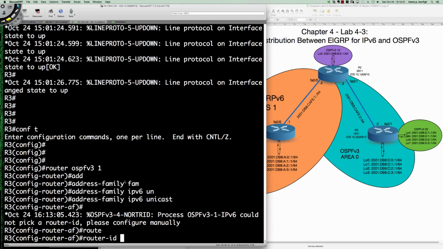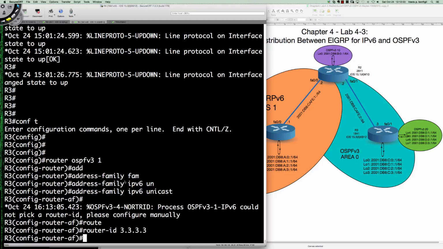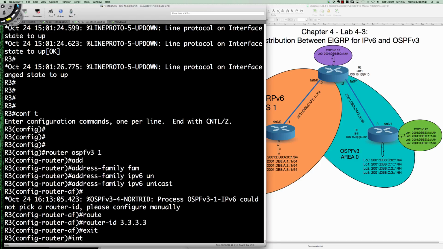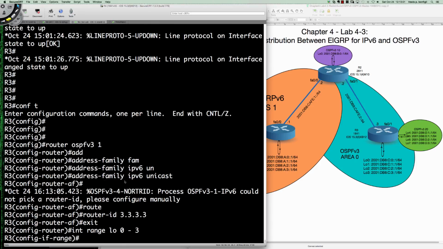So we're going to say router ID 3.3.3.3, and the router ID came up immediately. We'll exit out. I'm going to say interface range LO 0 to 3.